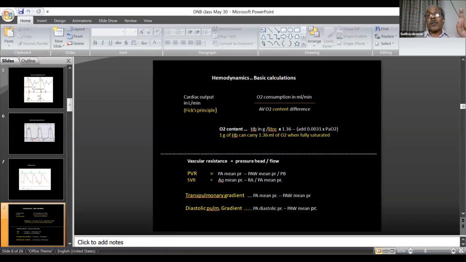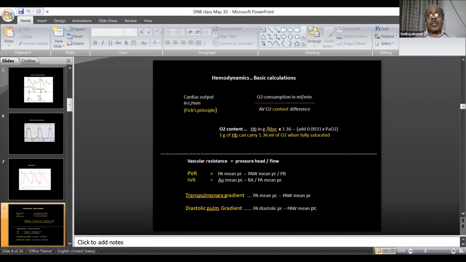So you have to find out in 1 liter. Okay, that I will give some calculations. That is the oxygen carrying capacity, and you have to add the oxygen dissolved in the plasma, which is equivalent to 0.003 per millimeter mercury arterial. This we usually don't apply except in the pediatric group.